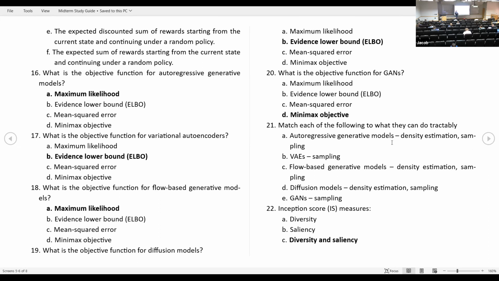As a review, in a GAN we have a generator and a discriminator. What does the generator map? What is the domain of the generator, and what is the range of the generator? What does it map from, and what does it map to?